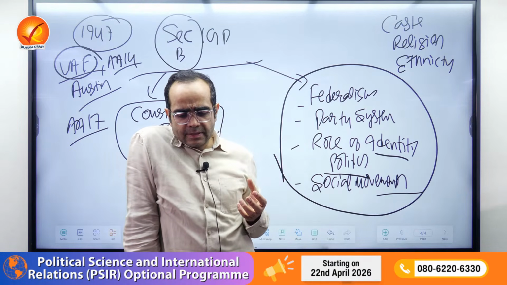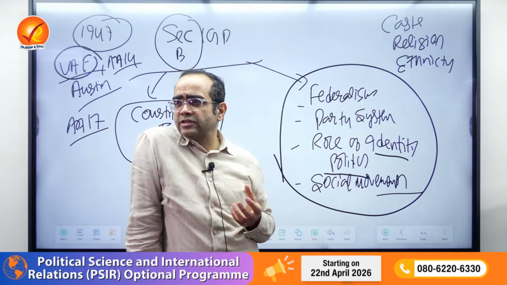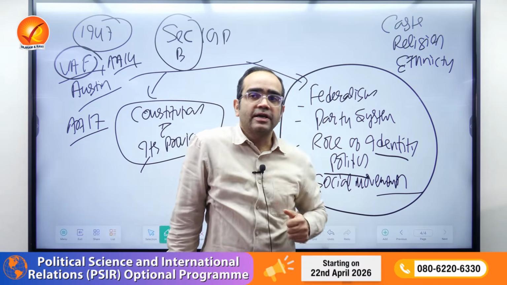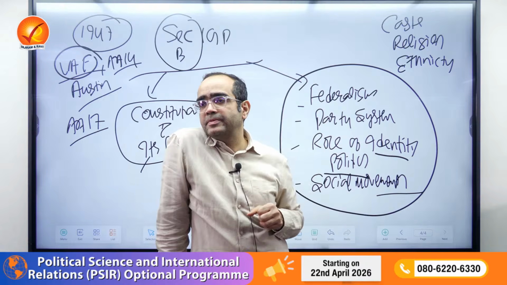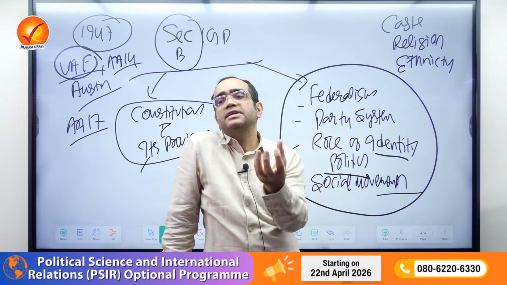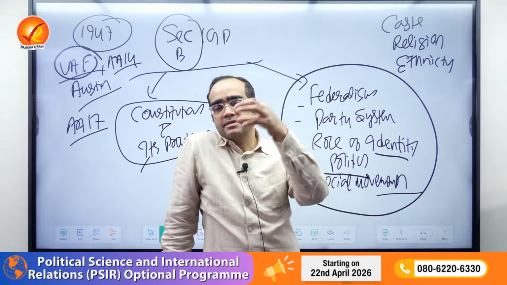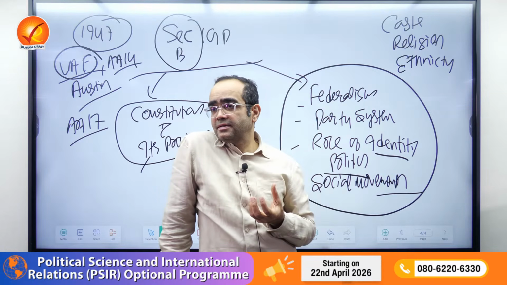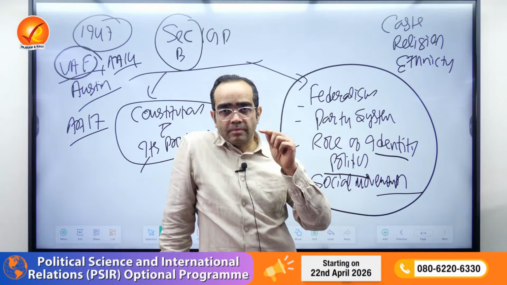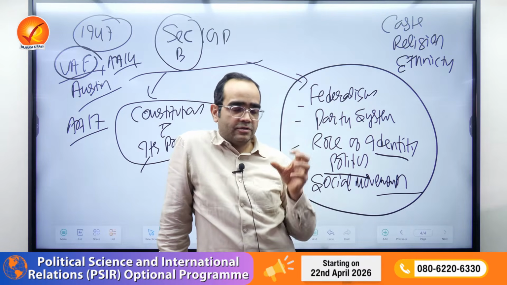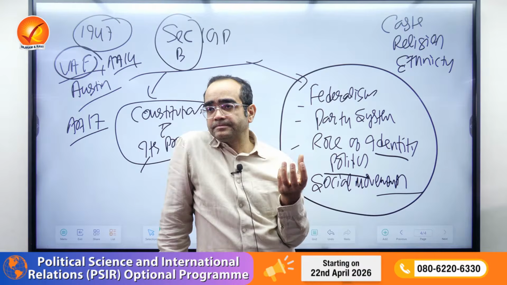The latest news, I think Bihar has got a new chief minister, Samrat Chaudhary. One of the reasons why Samrat Chaudhary was made the chief minister is that BJP wanted a person from the OBC category to replace Nitish Kumar, who also happened to be an OBC leader. So BJP made Samrat Chaudhary chief minister of Bihar.